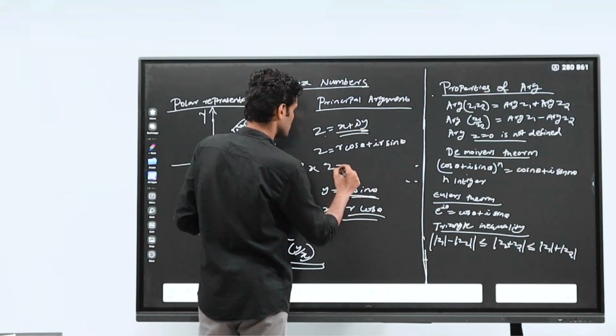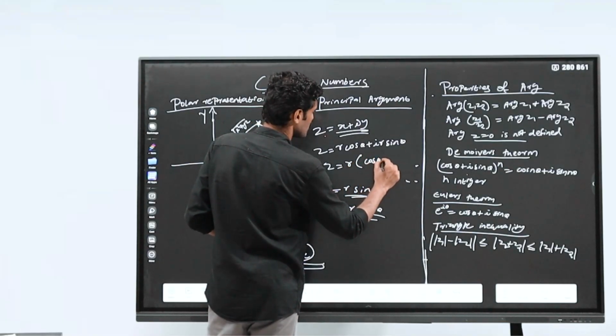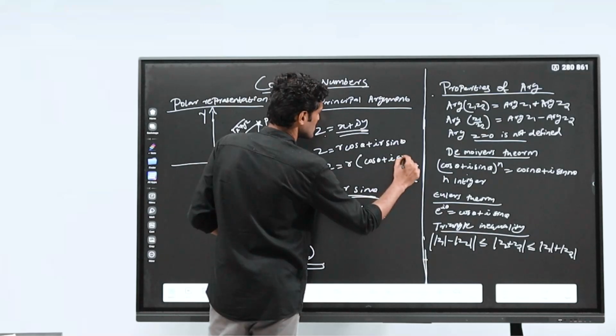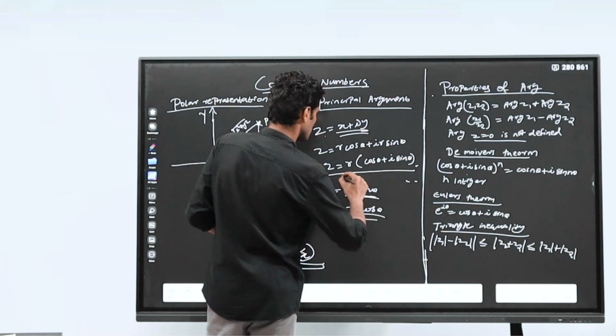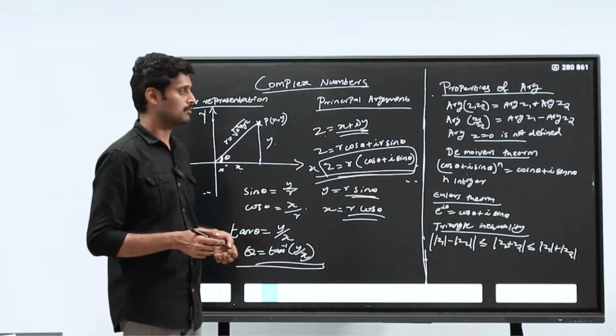So we can take r as common, that is r of cos theta plus i sine theta. So this is the polar representation of a complex number.